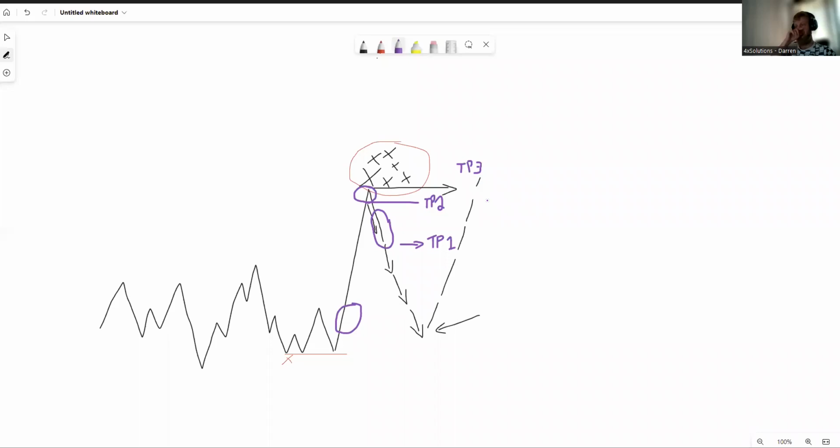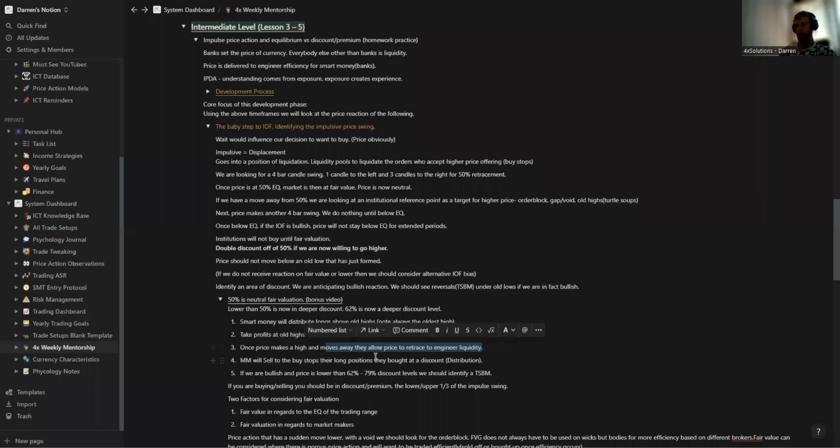Fair valuation is if we're buying in a discount, where is an exit of premium? Buying in a discount and exiting in a premium, or selling in a premium and exiting in a discount. That's essentially what we are saying here. Okay, market makers will sell to buy stops their long positions they bought at a discount. This is referred to as distribution.